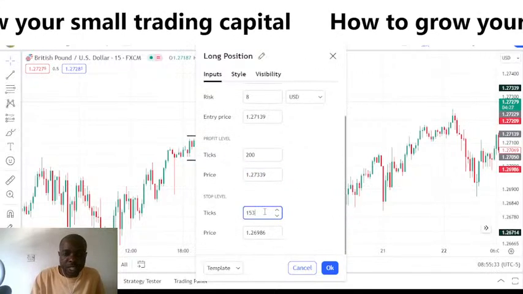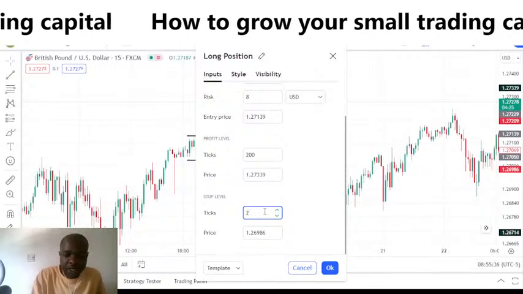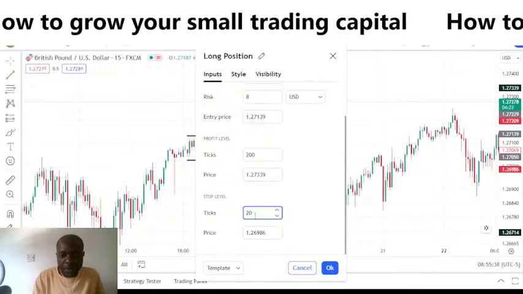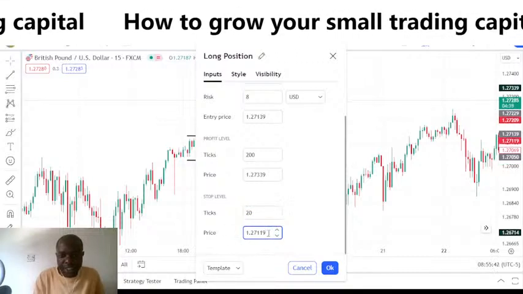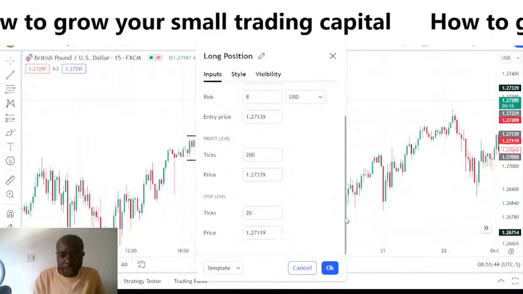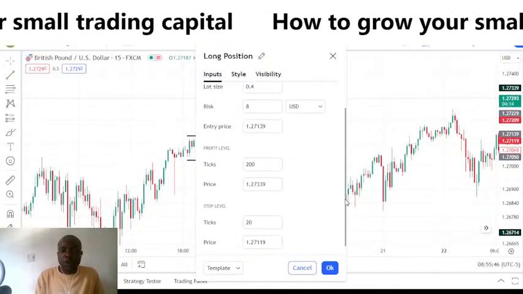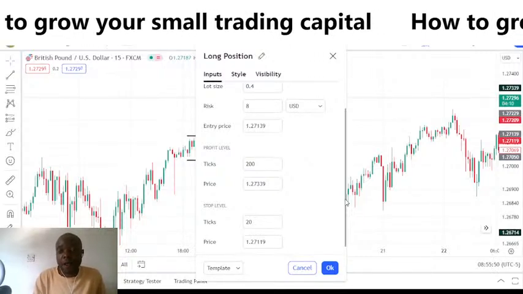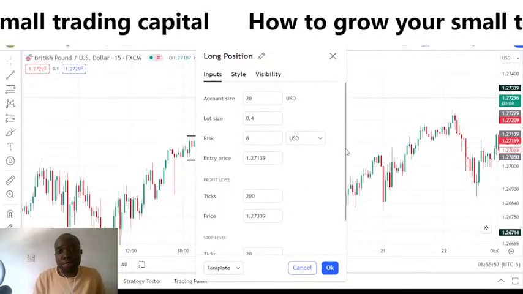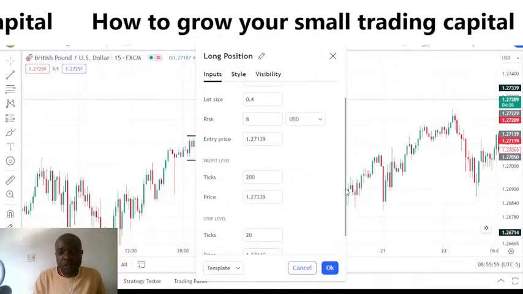Our stop loss now, we want to risk 20 pips. Click on it, you type the 20, then click on the price here. You can see that the price changes. So what you will now do is go to your broker.